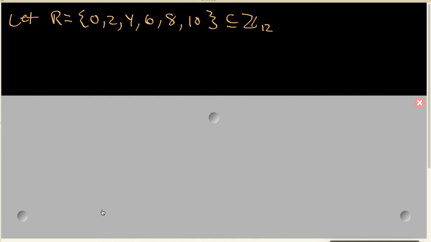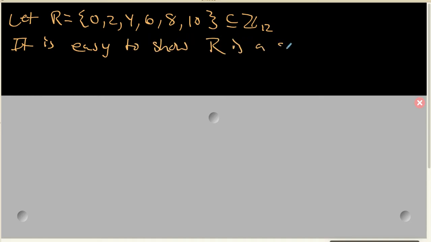And it is easy enough to use the subring criteria to show that R is a subring of Z12. And so I know that R is a commutative ring.